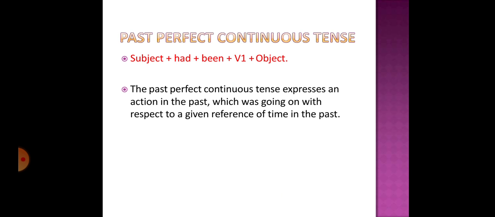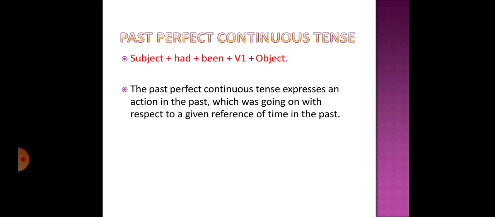Moving on to past perfect continuous tense. Here, subject plus had plus been plus verb in the first form plus object. Here one thing you add is had been with the verb. The past perfect continuous tense expresses an action in the past which was going on with respect to a given reference of time in the past.